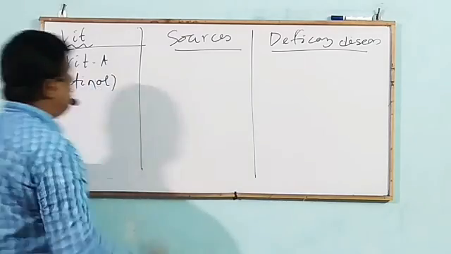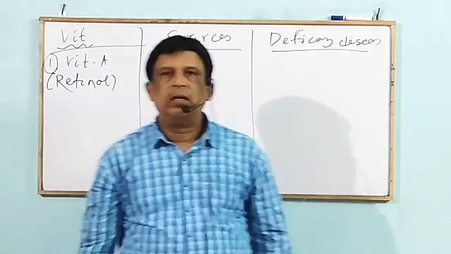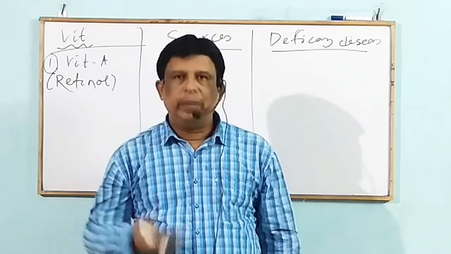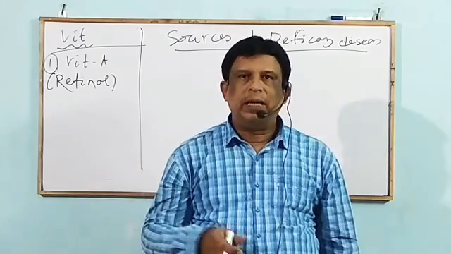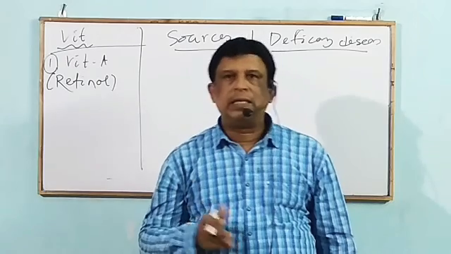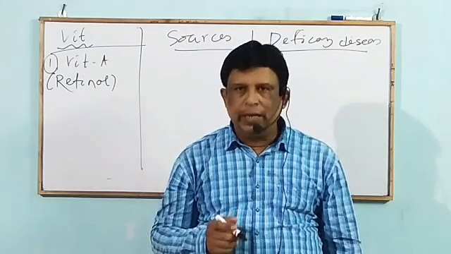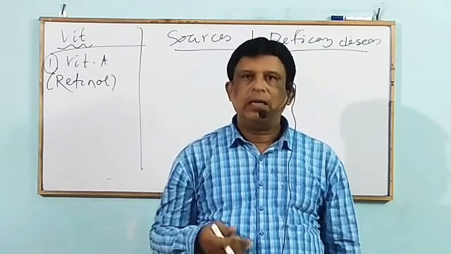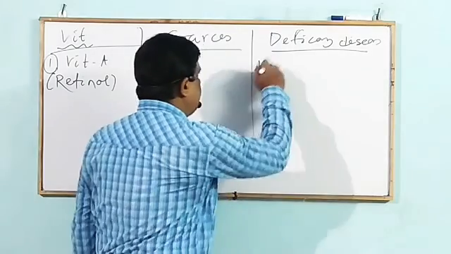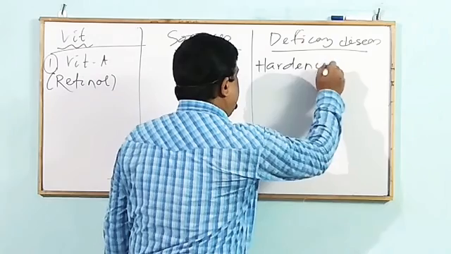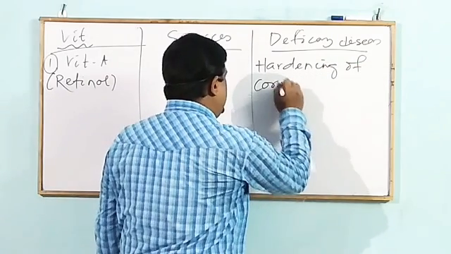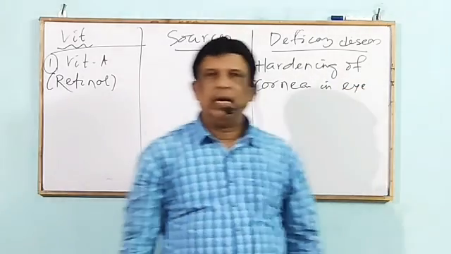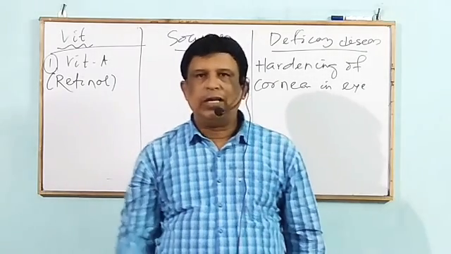The sources are milk, butter, egg, green vegetables. The deficiency diseases are hardening of cornea in eye, night blindness, and drying of skin.